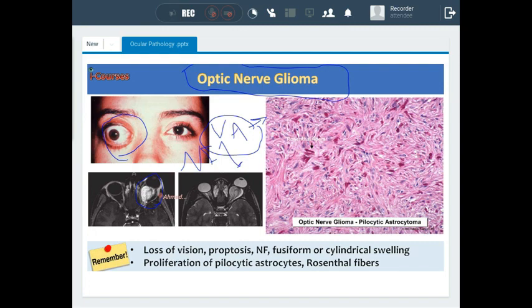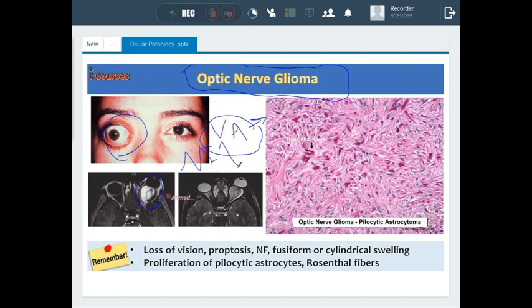So here is a question: what shall we do with this optic nerve glioma? The imaging carries an important prognostic value here, because sometimes it will show that the tumor is small, localized within the orbit, and there is no progressive enlargement. As long as it doesn't cause much proptosis, with no exposure keratopathy, for example, the treatment will be observation.